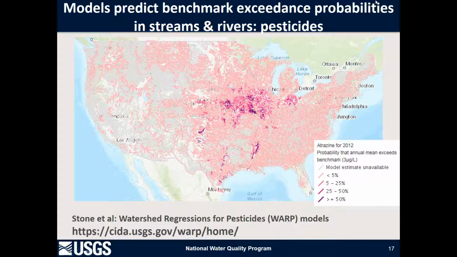That model was designed to estimate pesticide levels at watersheds throughout the country. There are models for a whole range of pesticides available. If you go to the website, there is a mapper system there like this, where you can do similar types of maps, but for a whole range of pesticides.